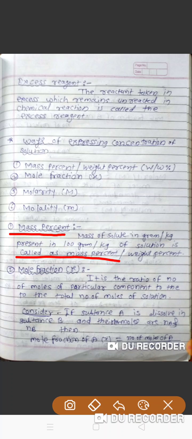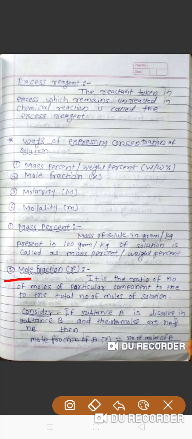Okay, what is the mass percent? Mass of solute in gram or kilogram dissolved in or present in 100 gram or 100 kilogram of solution is called mass percent or weight percent.